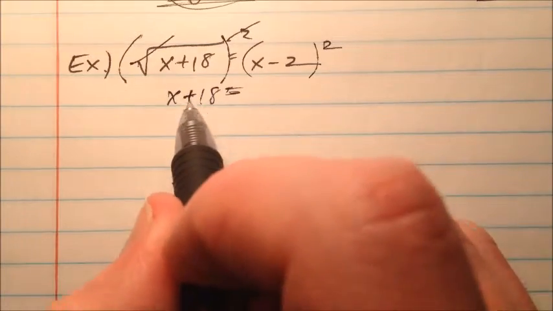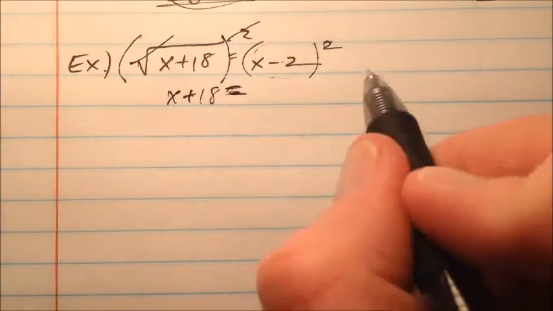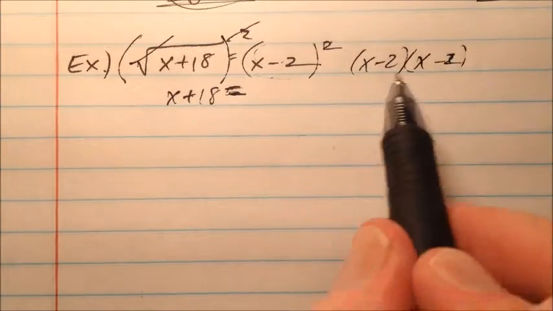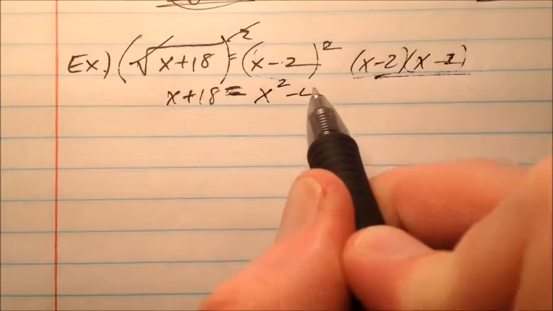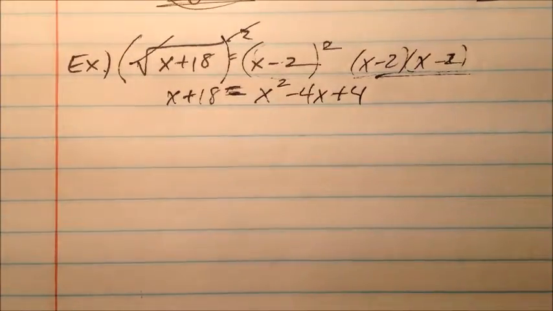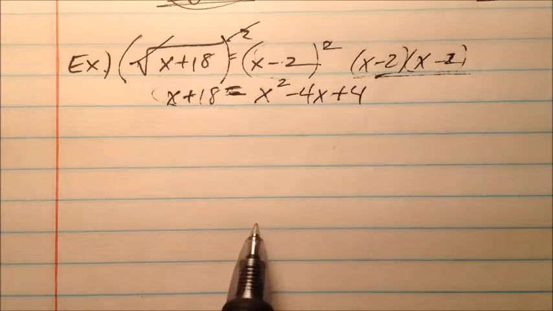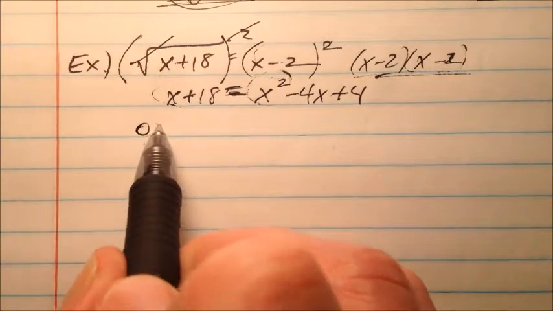So x plus 18 now equals this x minus 2 quantity squared. Remember when you square a quantity, you have to write the factors next to each other, so I'll actually have to FOIL this out. And I'll get x squared minus 4x plus 4. Now I have this quadratic equation where I have terms all over the place. So I want to get them all on the same side where my x squared is positive.